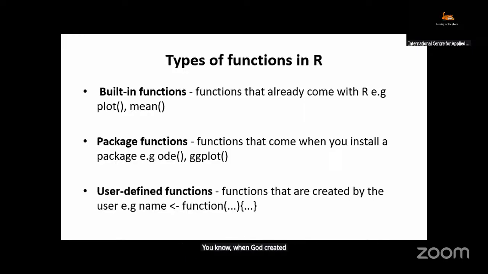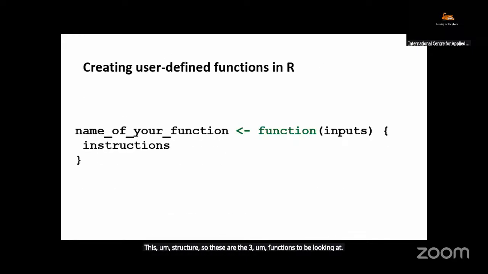You know, when God creates, he names it, is it not? When he created animals, he asked Adam to do what? To give it a name. So when we create a function, we give it a name. It follows this structure. So these are the three functions we'll be looking at in R.